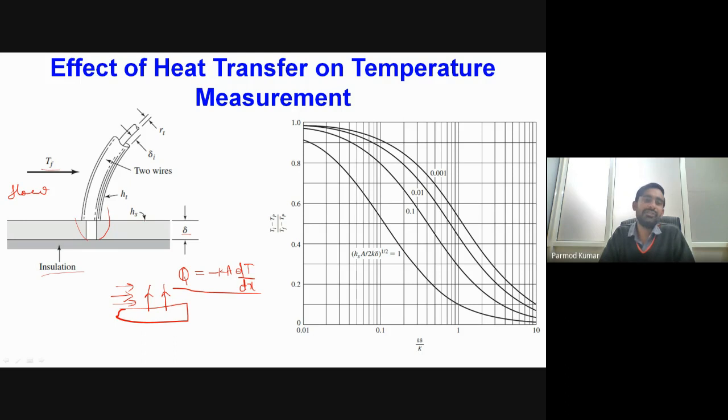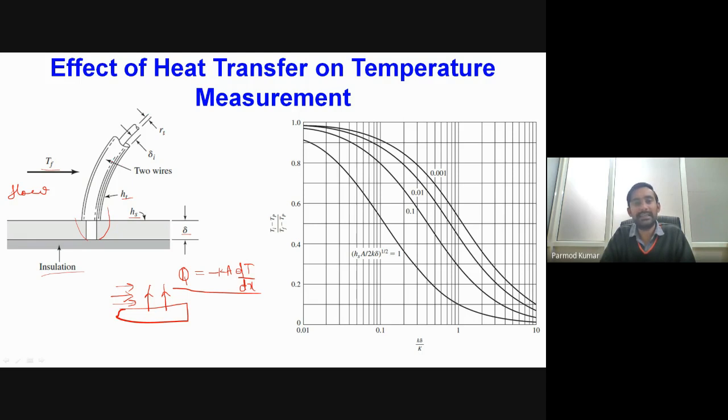Okay, and now we consider that the convective heat transfer coefficient from the surface to the flowing fluid is Hs, and obviously the flow will also take place around the thermocouple wires. So we consider that the heat transfer coefficient from the thermocouple surface to the flowing fluid is Ht, and we have two wires.